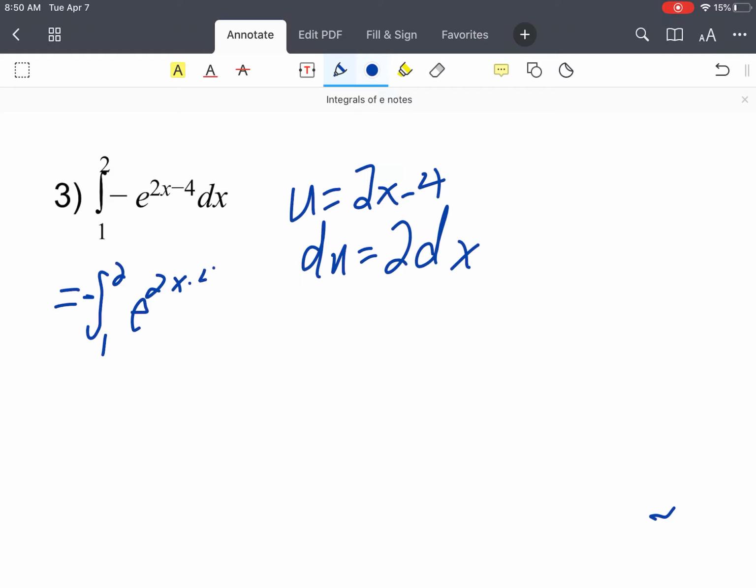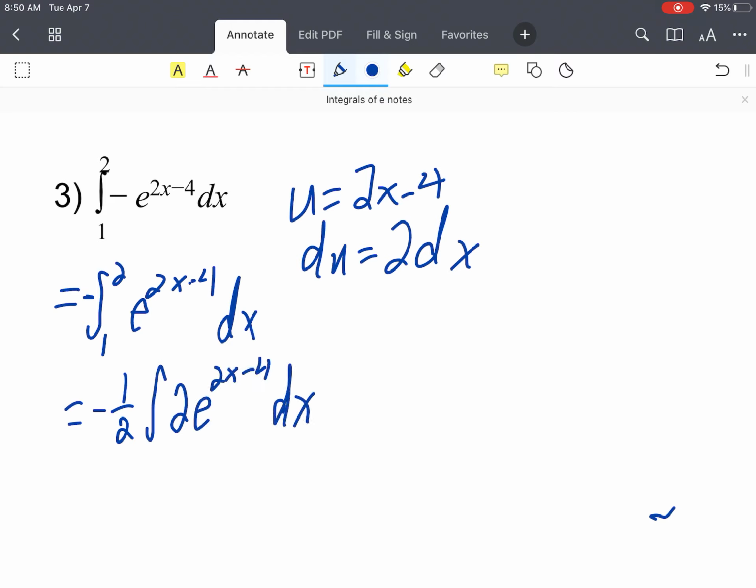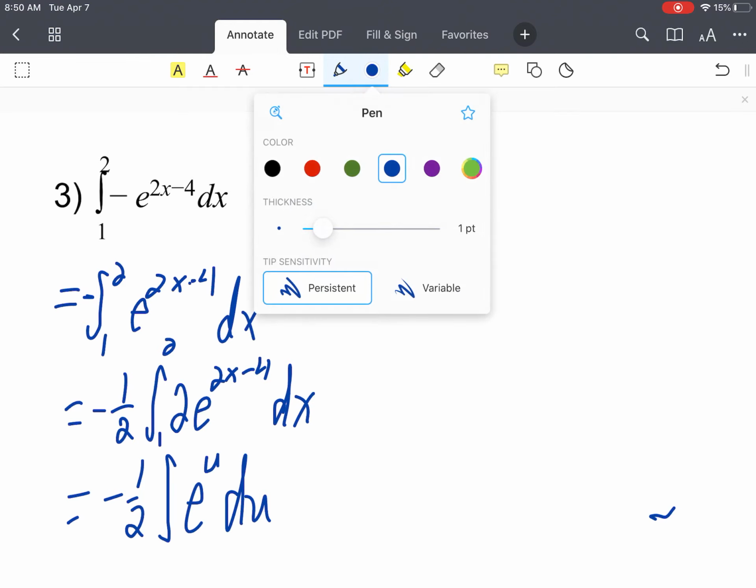And then I've got e to the 2x minus 4 dx. Now I need a 2 on the inside, so I'm going to put a 1/2 on the outside. The bounds are from 1 to 2. So now we're ready to put u in. We've got negative 1/2 on the integral of e to the u du.